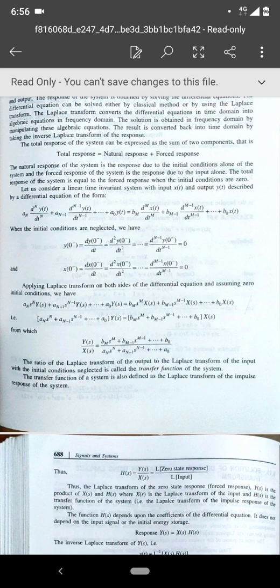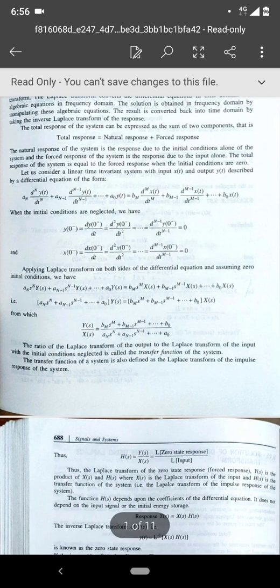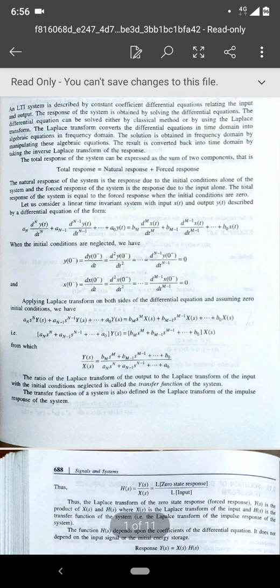At that time, you'll consider the response only due to the initial conditions, and then you apply the actual input, which is called the forcing function. When you consider the actual input, you never consider the initial conditions. That is the superposition principle, that is, one at a time. So you find the response of the system due to the forcing function or the actual input.